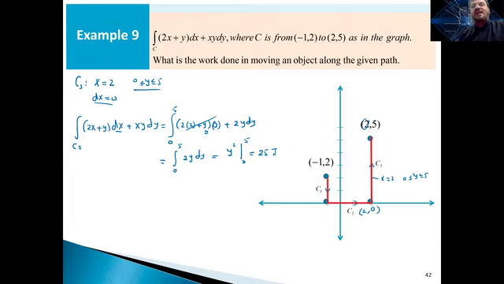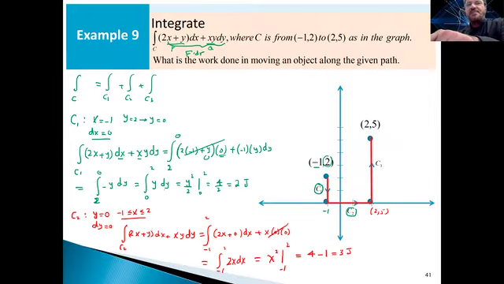So now, what's the final thing, guys? So the integration over C of 2x plus y dx plus xy dy is equal to what, guys? It's equal to the first path. What did we get for the green? We got 2.